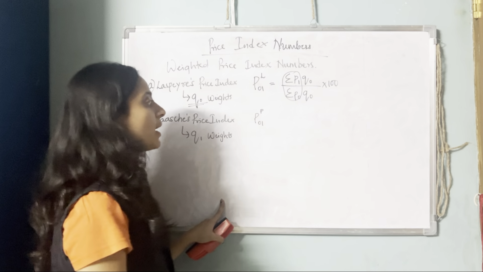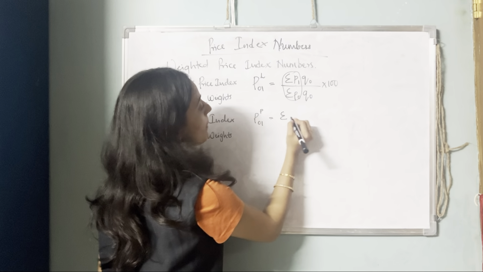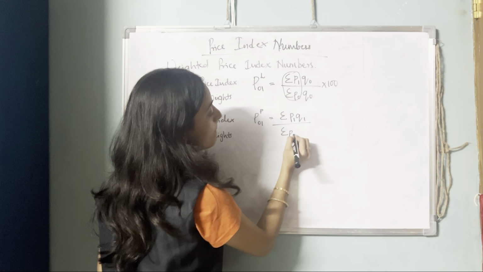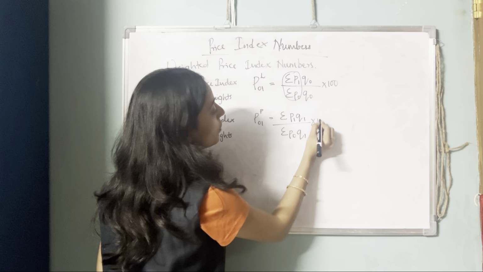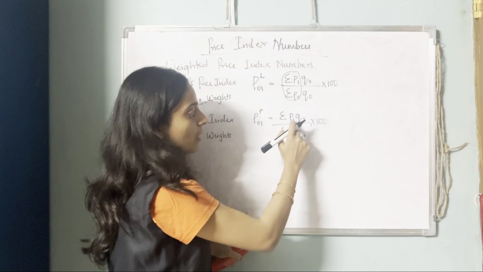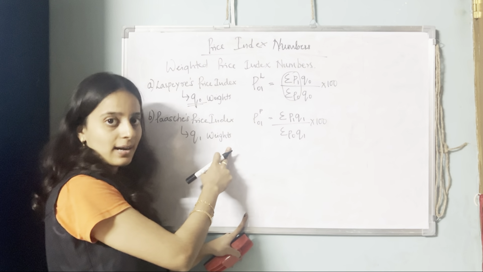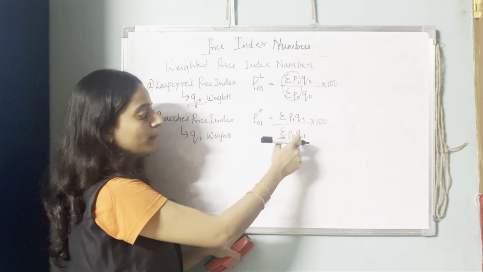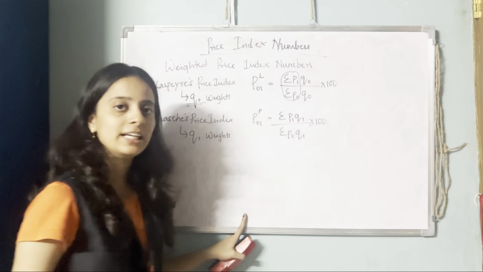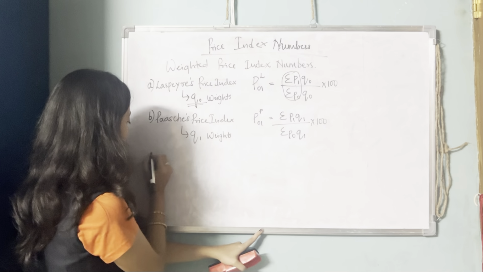So in the power we write P. P01 is equal to summation P1 Q1 by summation P0 Q1 into 100. Very, very simple. P1, P0 same thing, but Q1 we are considering as weights under this method. This is nothing but we have to multiply both the columns and find the summation of it. Simple formula.